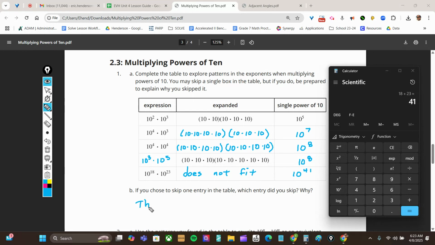If you choose to skip, which entry? The last, because it is impractical. How about we say impractical?